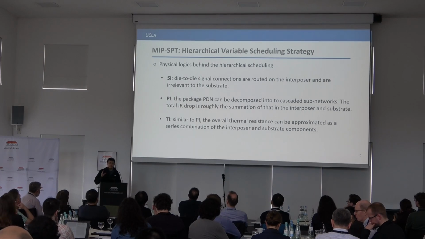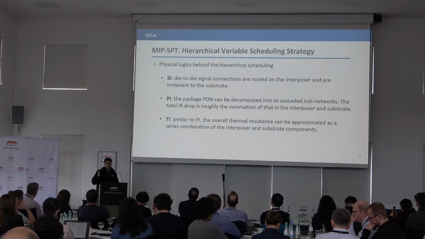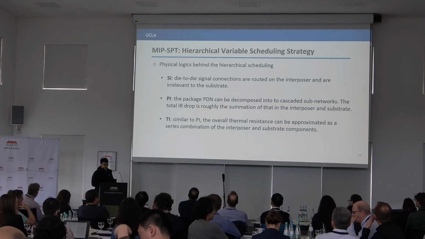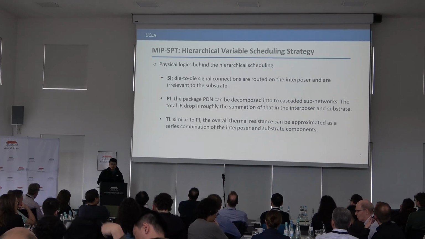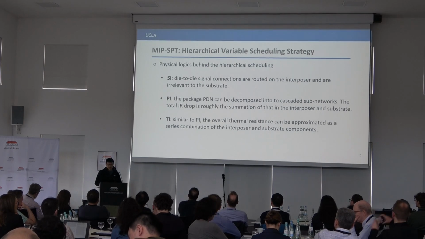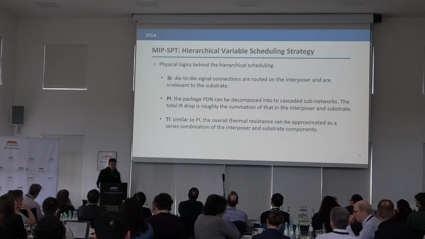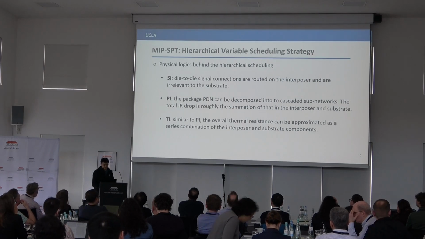Of course, it is not strictly the same, but roughly the same. So we can, to some extent, divide the parameters into different phases. And for TI, similar to PI, if we consider the overall thermal resistance, it can also be approximated as a series combination of the interposer and substrate components.